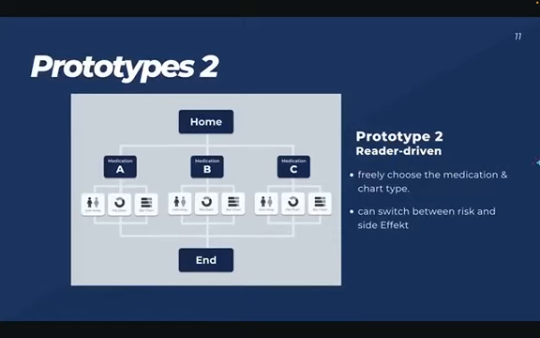While Prototype 2 is reader-driven, highly interactive, and has no prescribed sequence. Participants can freely choose the medication and chart type and switch between risk and side effect comprehension for different medication.